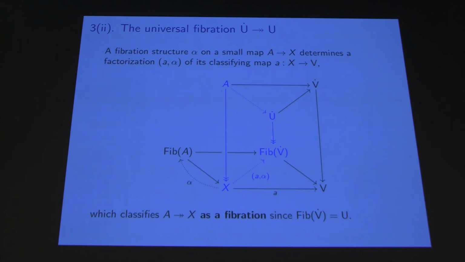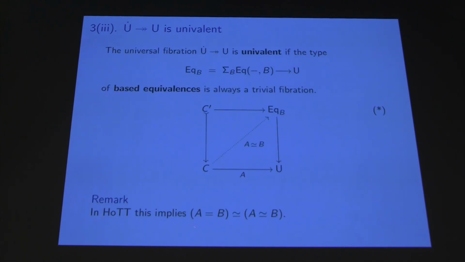And so here's a classifying map for this thing as a fibration. If you think about that argument again, you'll see it's a completely elementary formal argument from just the fact that the type of fibration structures is stable under pullback. Okay, so that's my quick sketch that this thing is a universal fibration.